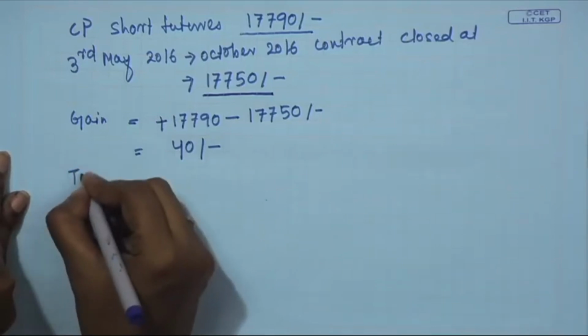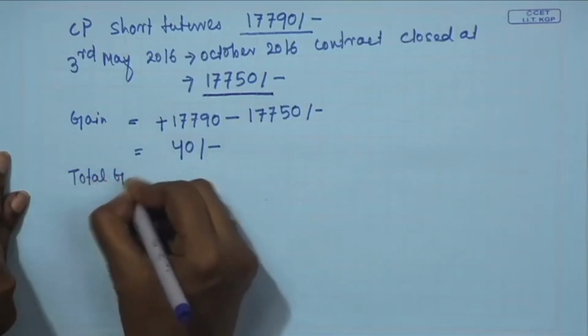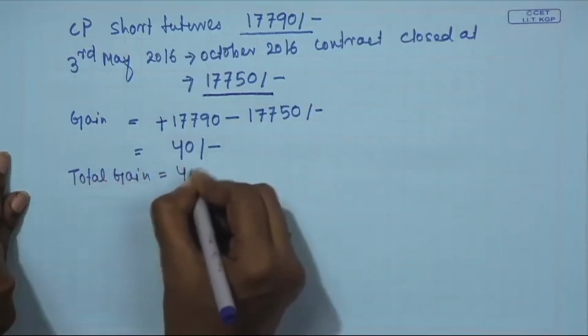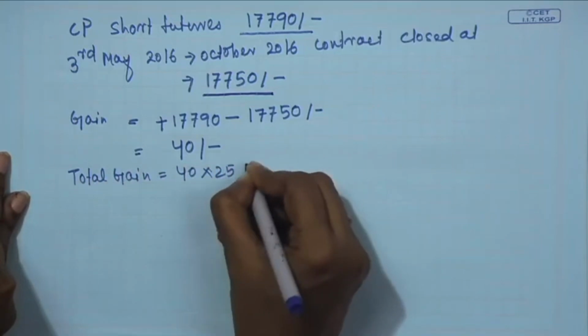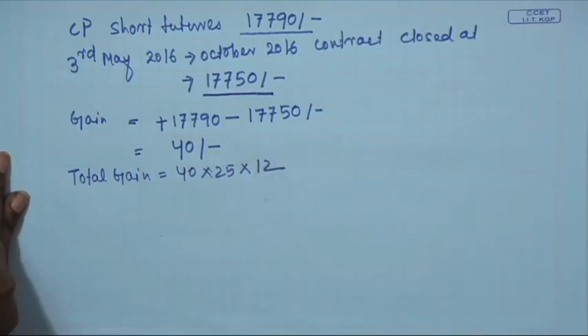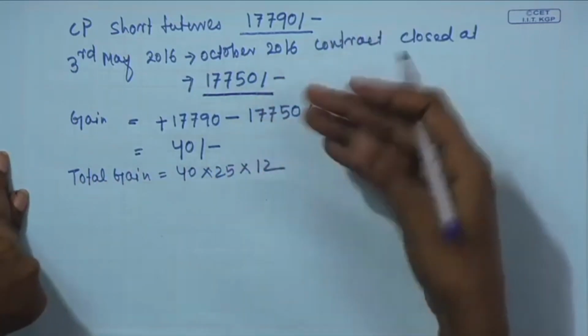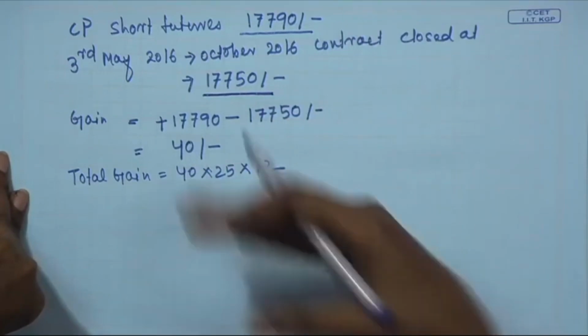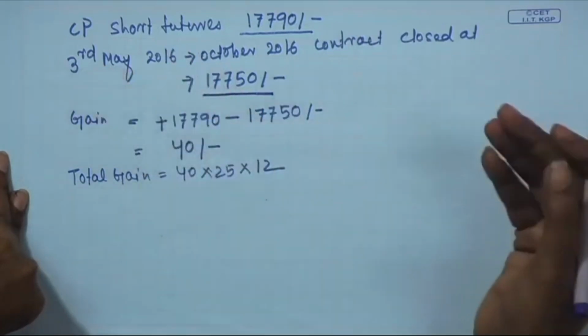So total gain will be 40 into 25 into 12. The same process will go on till this cotton producer squares up his position.